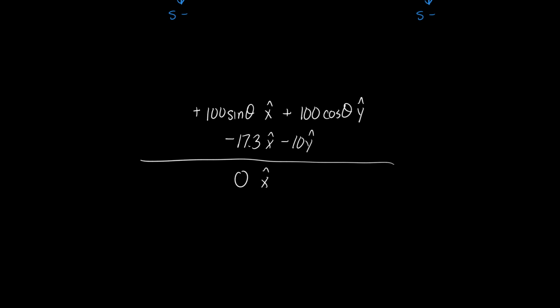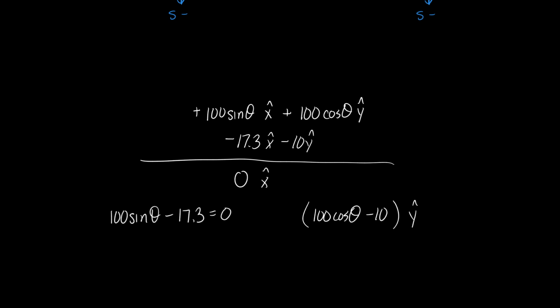So that means I'll have 100 sine theta minus 17.3 has to equal 0. Now I also know I'm going to have 100 cosine theta minus 10 is going to be the portion of the vector in the y hat direction. I'm still adding them down.